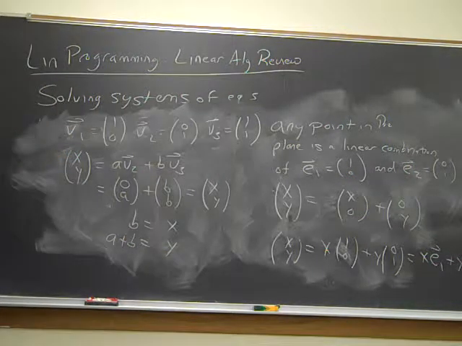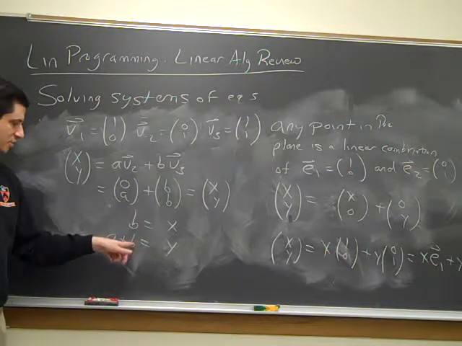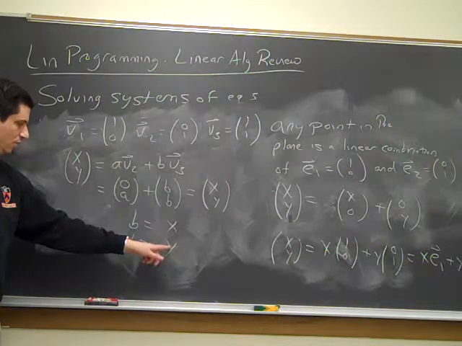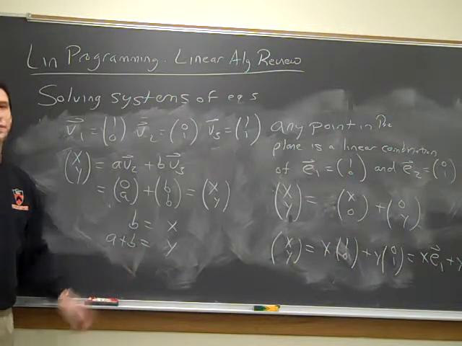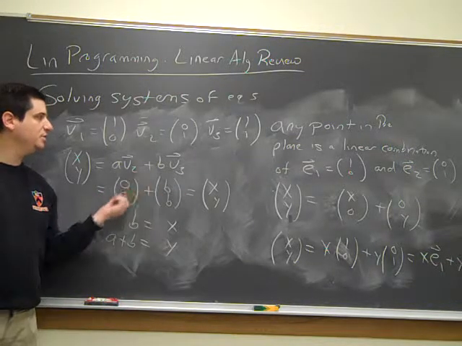Gee, what does this look a lot like? The system of equations we saw earlier. And in fact, this is nice, it's in triangular form. b equals x, now that I know b, I now know a is equal to y minus x. And so we can figure out what the values of a and b are. So it's a nice exercise to prove that everything can be written uniquely.